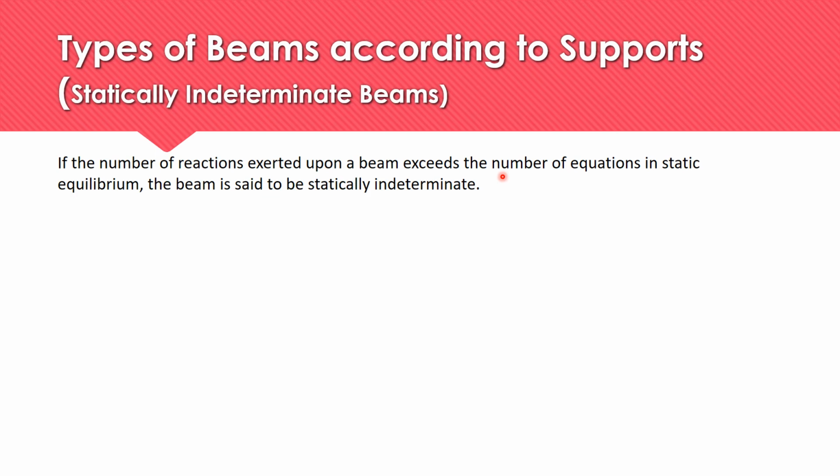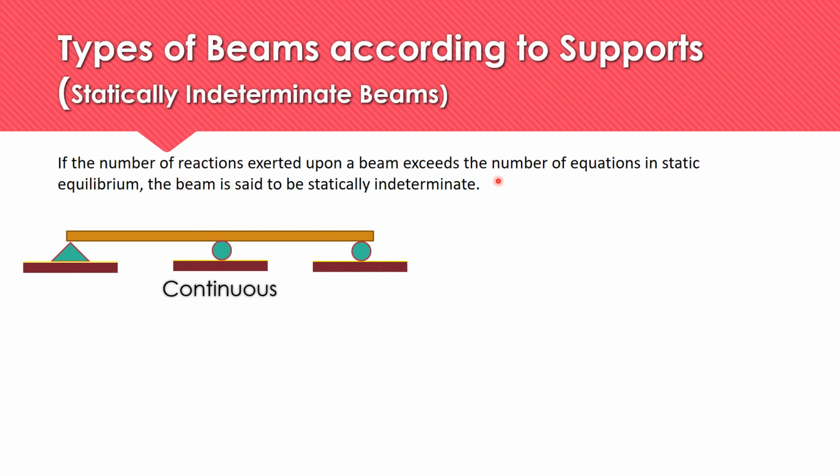That's why we need to formulate additional equations, or as we have seen in one of our topics also, besides the equations of equilibrium, meron pa tayong ginagamit na compatibility equations. So here we have continuous beam, meron tayong hinge and a roller and another roller. So we call this a redundant support. So in this case, this is statically indeterminate kasi if we will compare this with the statically determinate na merong hinge at isang roller, so we can readily solve for the reactions.